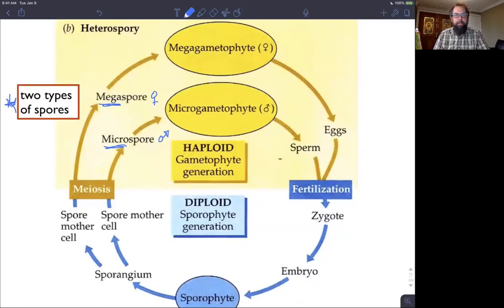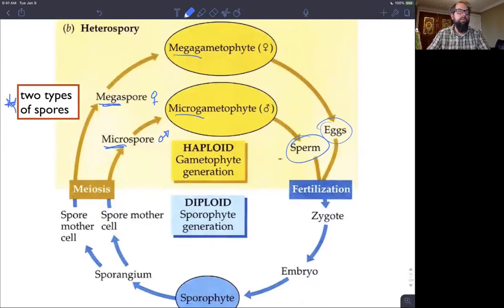So once these germinate, then instead of having hermaphroditic gametophytes, these actually have separate megagametophyte, so a female gametophyte, and microgametophyte. The megagametophytes will go on to produce the eggs, and the microgametophytes will go on to produce the sperm. And then fertilization occurs and we go through the rest of the life cycle.